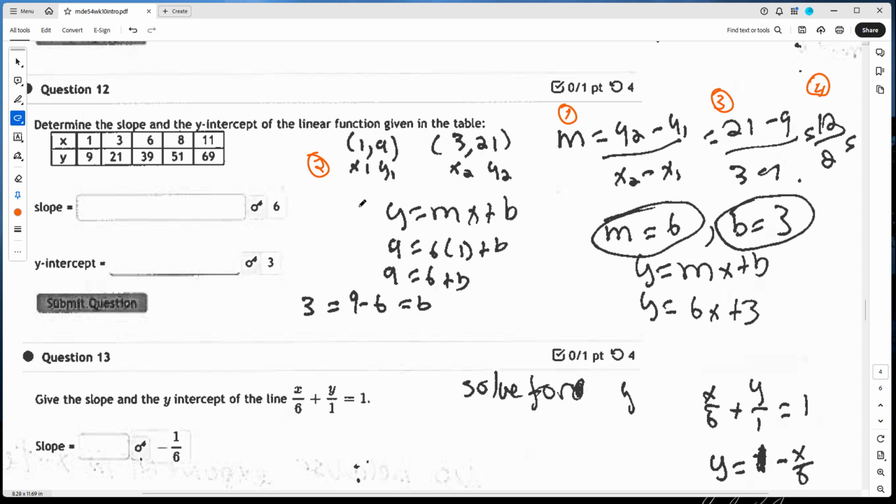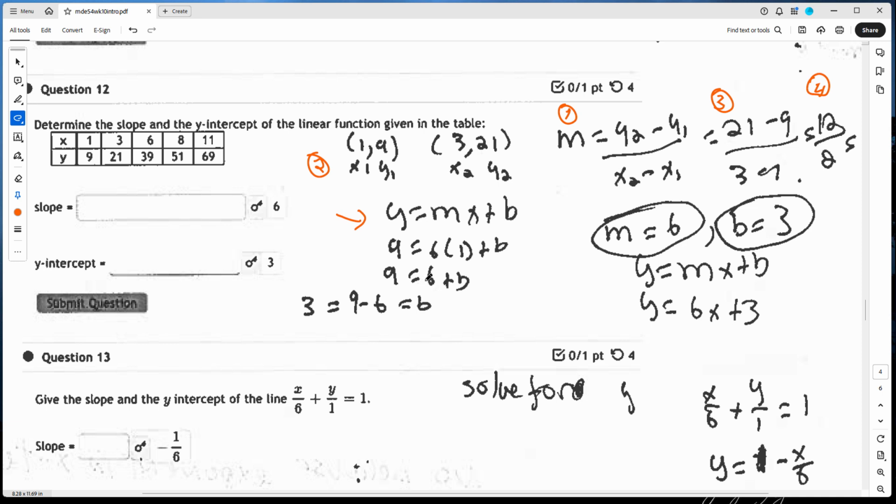So over here, I use this formula to find my y-intercept. I take one of the points, I chose (1, 9), and I plug it in for my x and y. And I simplify it and solve for b.